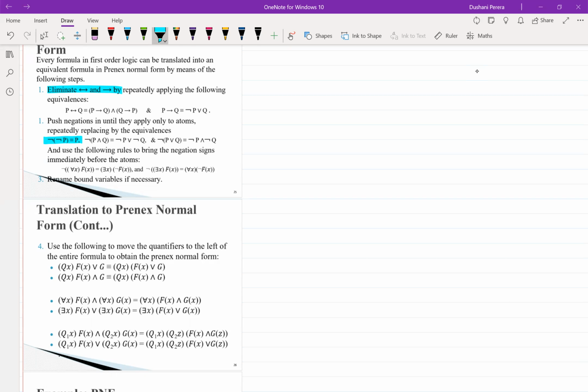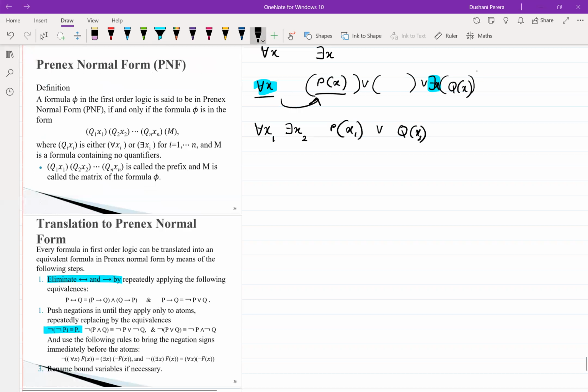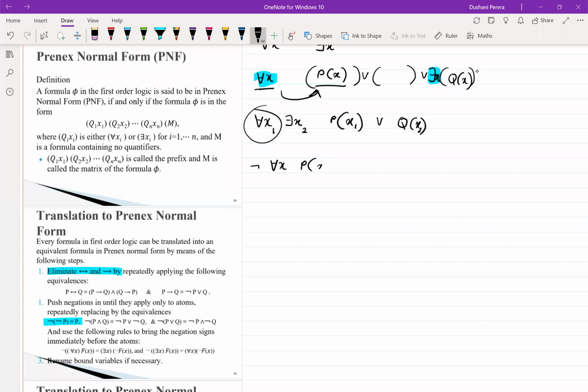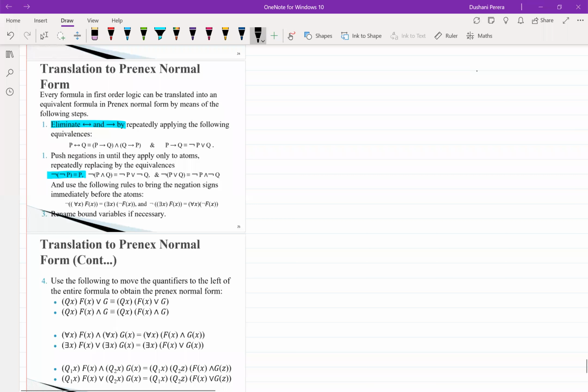Also, when pushing negations inside, since quantifiers are involved too, remember what we discussed last week: negation of for all x P(x) is for some x negation P(x), and the other way around as well. So somehow you push them inside the clause. Let's look at an example.